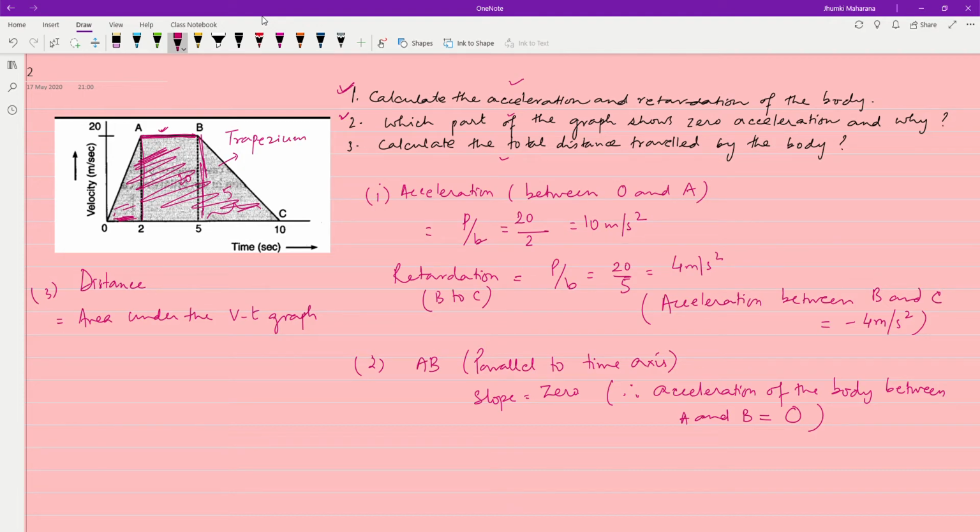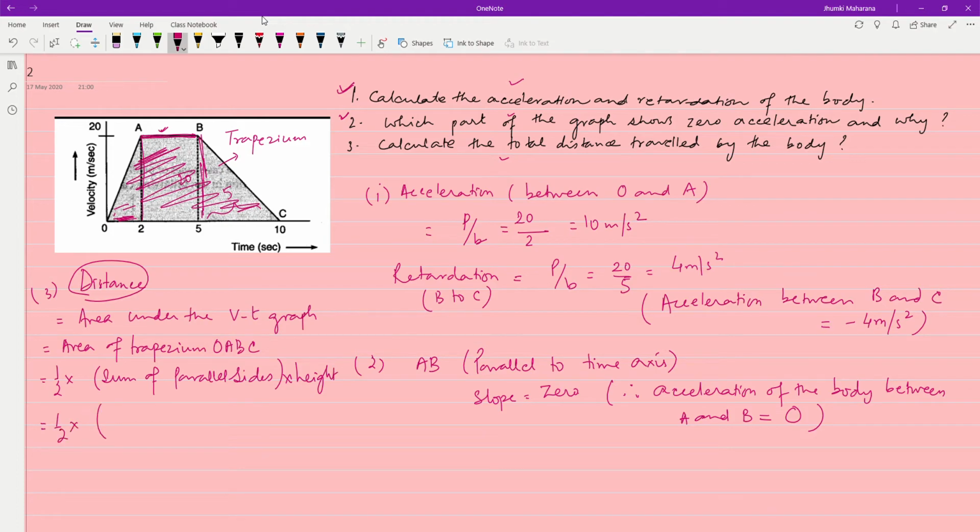So if we find out the area of the trapezium OABC, this would give us the total distance traveled. So this is nothing but half into sum of parallel sides multiply height.